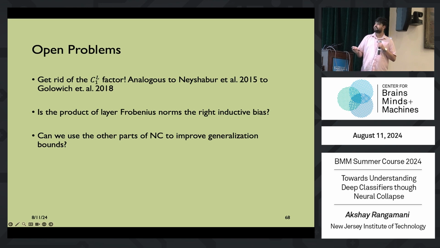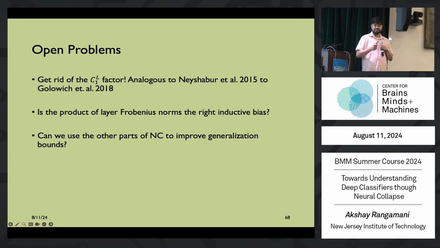Another question is, like I said, low rank versus norm. I don't think that's one of the most important questions, because the norm already will capture whatever benefit you get from low rank. But one interesting question, I think, is whether the product of the layer Frobenius norms is the right inductive bias to be minimizing for deep networks.